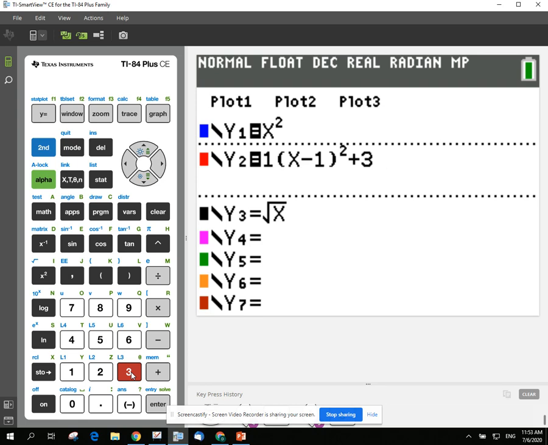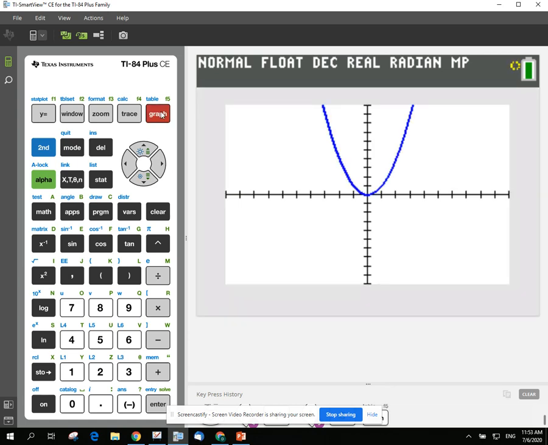The red one will be right 1, up 3. Hopefully you said right 1, up 3. And then again, here's the proof. Parent graph is blue. If I take the vertex and go right 1, up 3, there's the vertex of the red one. All the other points on the blue one correspond to points on the red one that are right 1, up 3, because that's what the shift is.